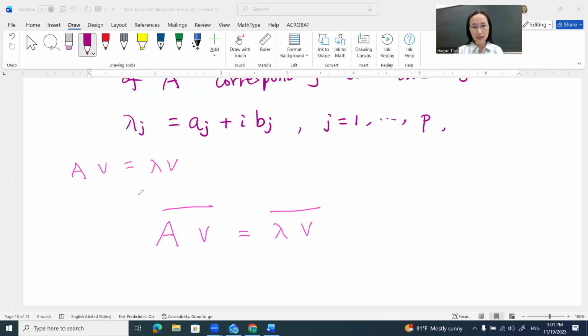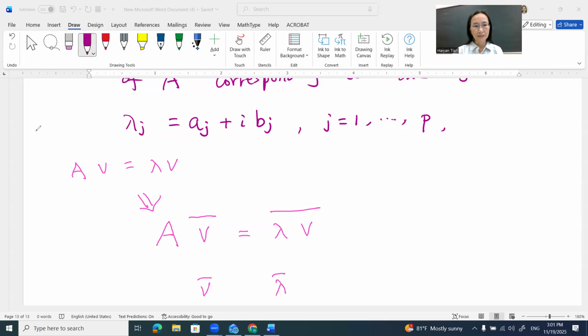If that is true, then the conjugate of both sides of the equation is also true. And we also know that A is real valued, so the conjugate of A is itself. So we can simply put a bar on here. That shows that V bar is also an eigenvector corresponding to the eigenvalue lambda bar.